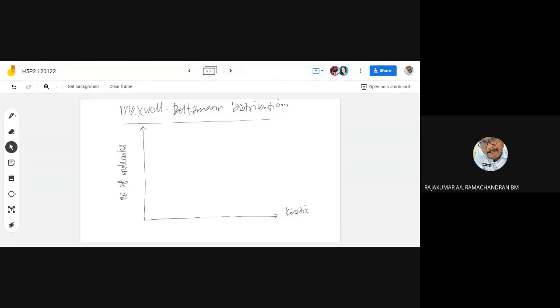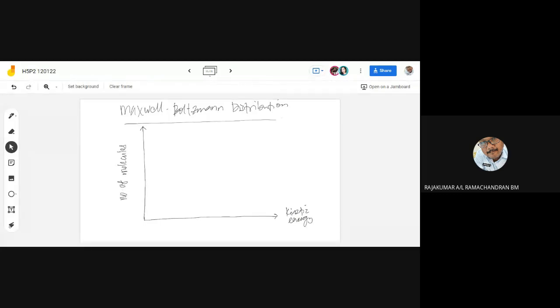Ada buku yang guna molecular speed. So both are same actually. Kinetic energy pun boleh, molecular speed pun boleh lah. I take kinetic energy lah. More related lah.